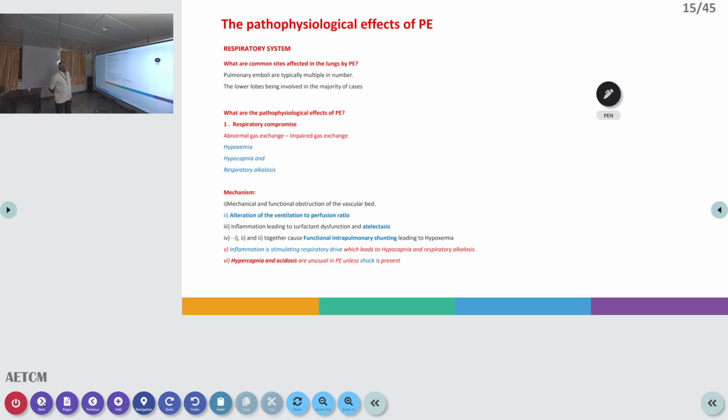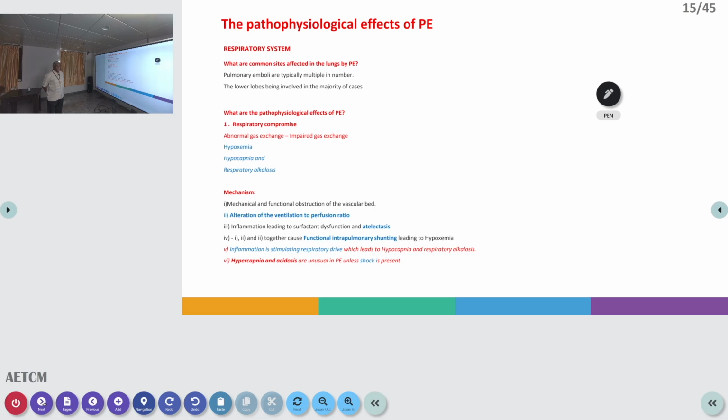So, the pathophysiological effects of pulmonary embolism. It has its effect on many of the systems. One, in the respiratory system, the common site affected in the lungs are the lower lobes. Smaller emboli, multiple in nature, will be causing this there. The respiratory compromise, abnormal gas exchange. The patient, when you are assessing with ABG, may be showing hypoxemia.